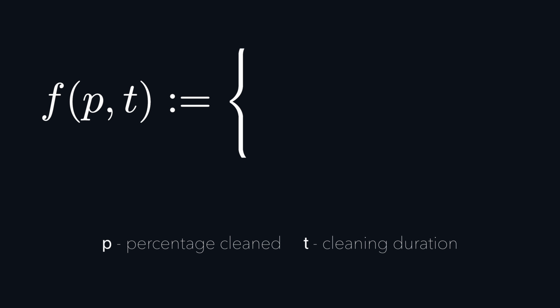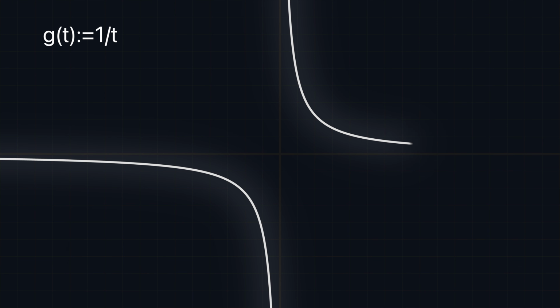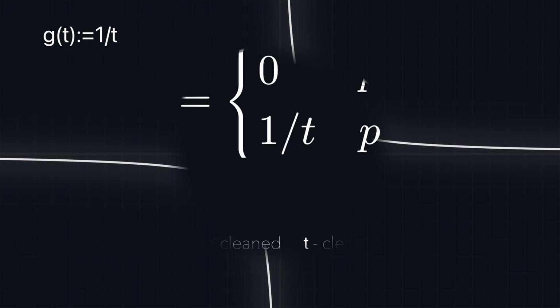If the robot cleans less than 90% of the area, the function will output 0. On the other hand, if the robot cleans at least 90% of the area, the function will output 1 over t, where t stands for time. The key here is that 1 over t is a decreasing, non-negative function on positive real numbers. So, the longer it takes the robot to clean, the lower its score will be.